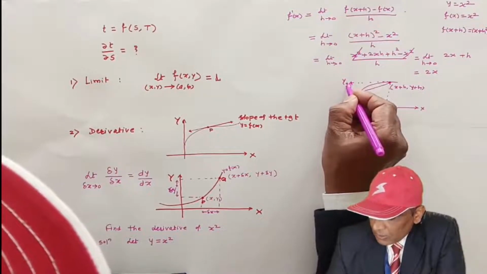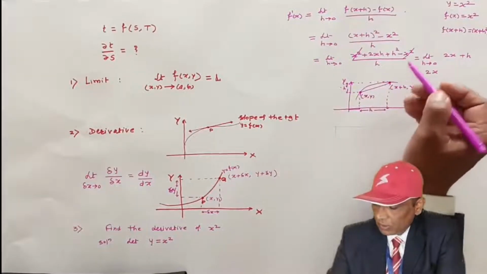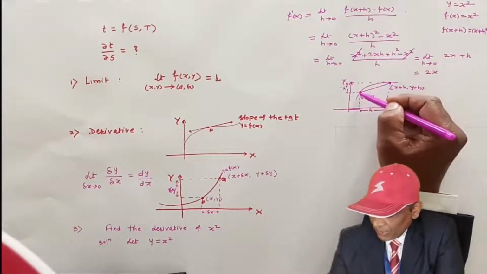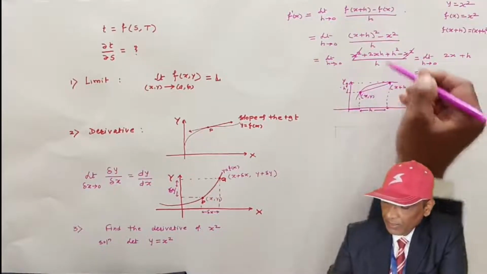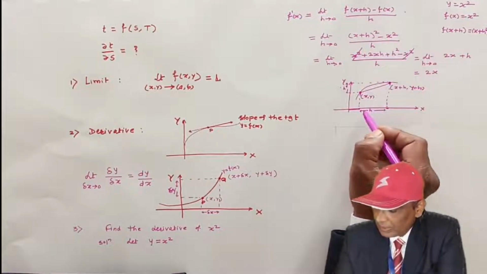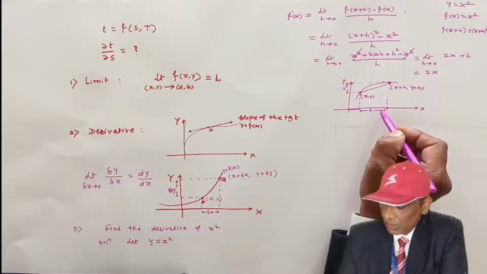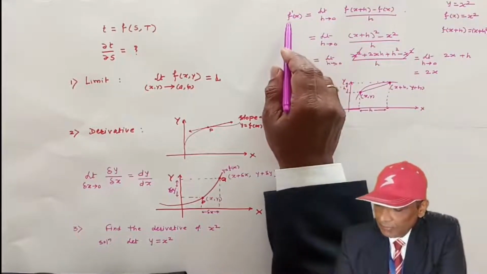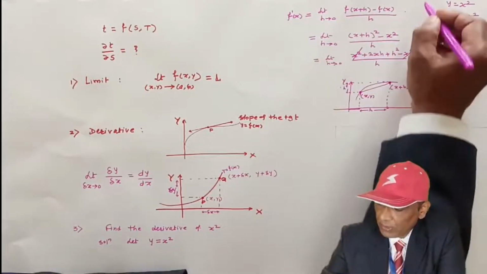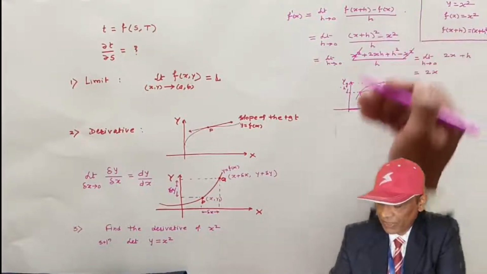Now, f(x + h) minus f(x) divided by h, and its limiting value when h is approaching 0, is what is called the derivative of f(x) with respect to x. Here we have calculated the derivative of x square with respect to x using the definition.